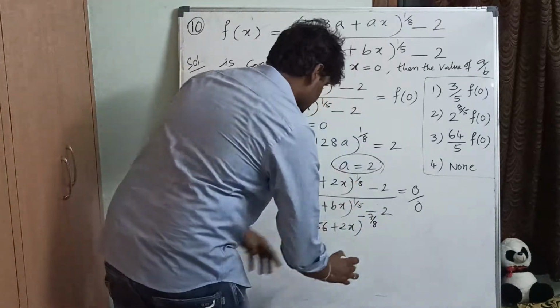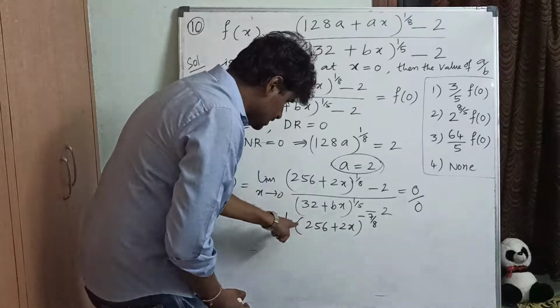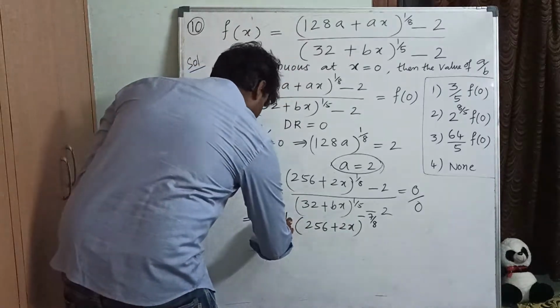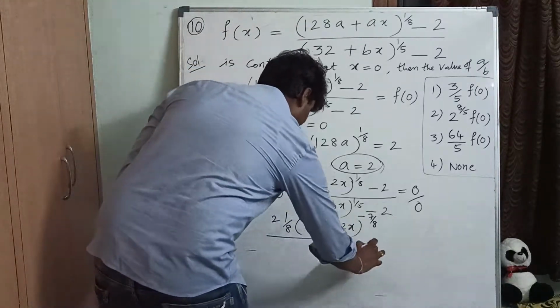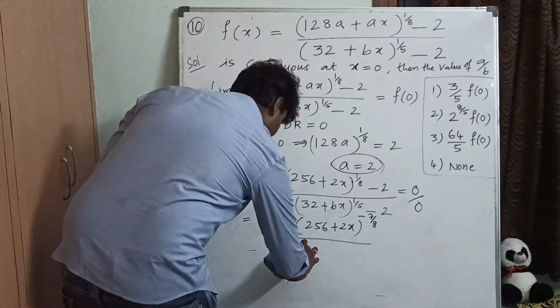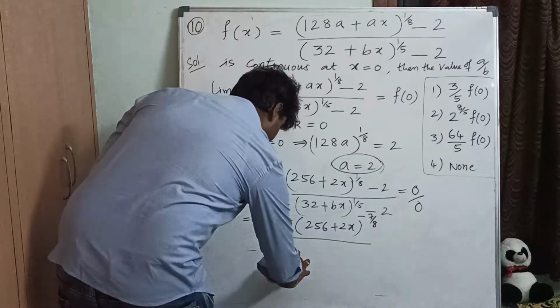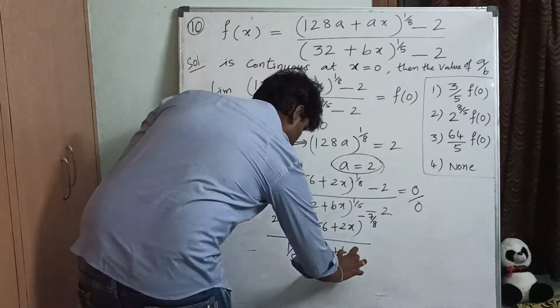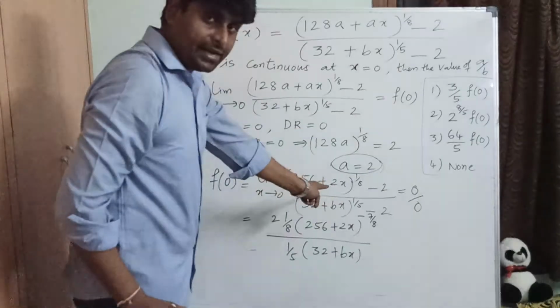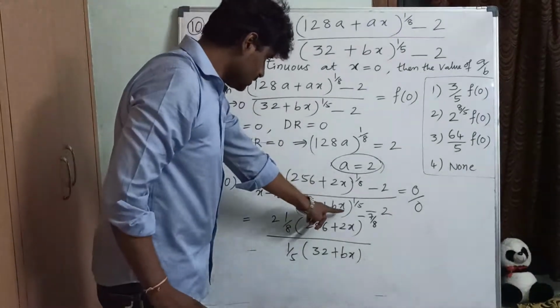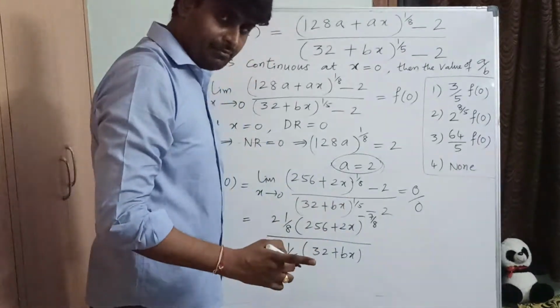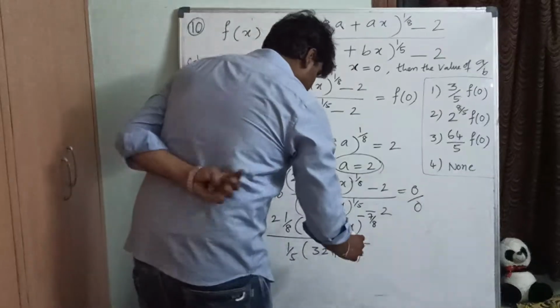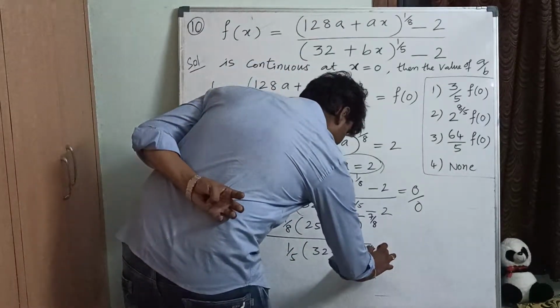The constant becomes 0. Again the derivative of this one separately will be 2. In the denominator, 32 plus bx whole power 1 by 5: x power n form, n into x power n minus 1, so 1 by 5 minus 1, minus 4 by 5.